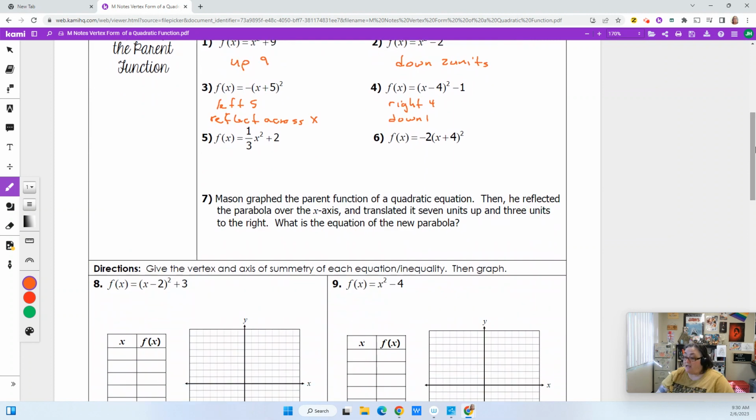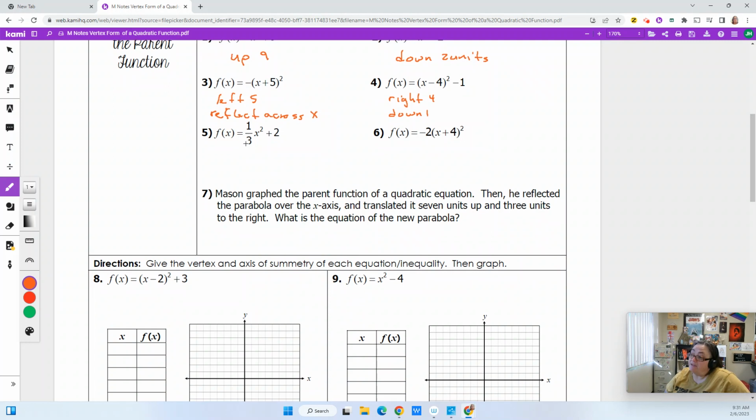If we look at number 5, remember how I said that if it's a number greater than 1, you're going to have a vertical stretch, right? It's going to grow up really quickly. And if your A value was a fraction, if it was less than 1, it's going to go wide really quickly.